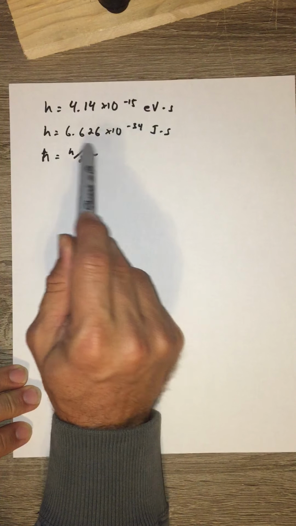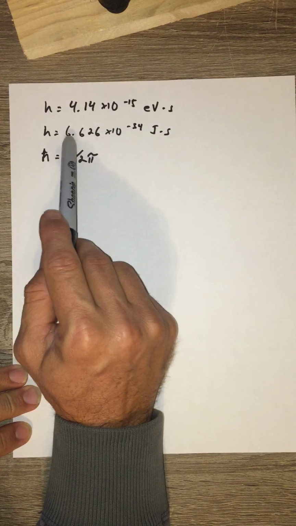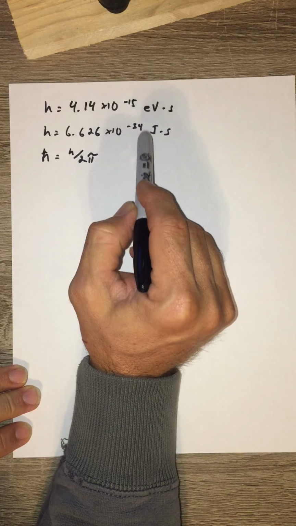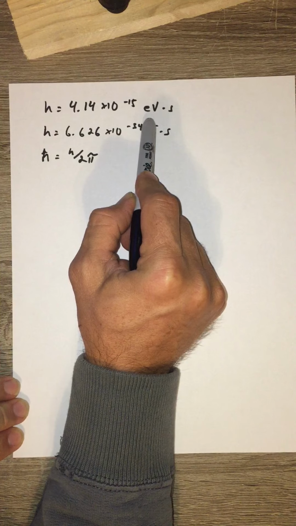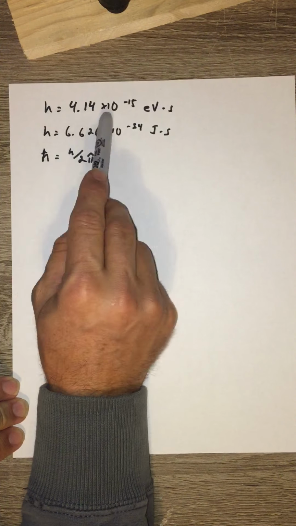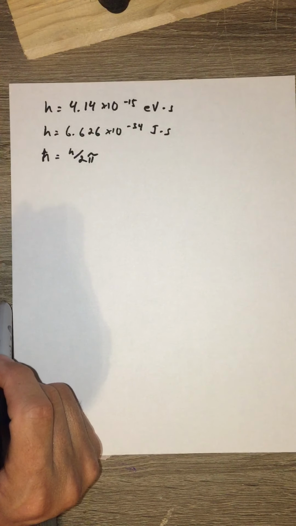And so instead of writing the long form of a joule, we typically just make it a lot smaller by converting it to eV. It's easier to write, it's easier to keep track of, and we can always convert later. So I've given you that value.